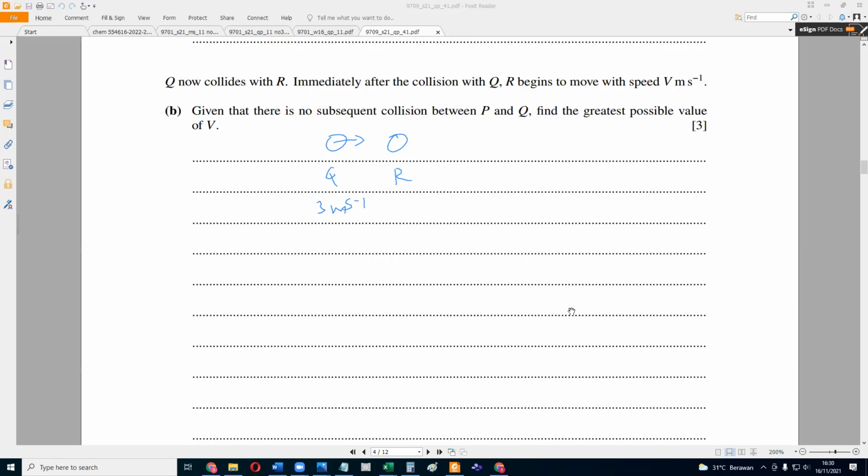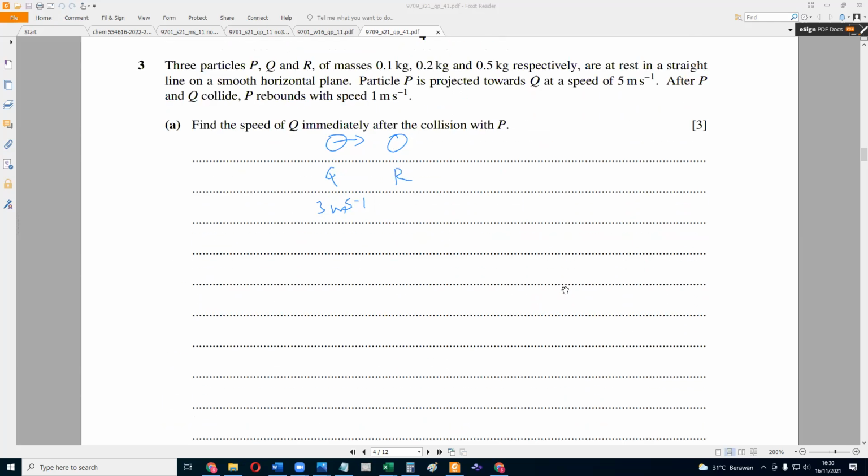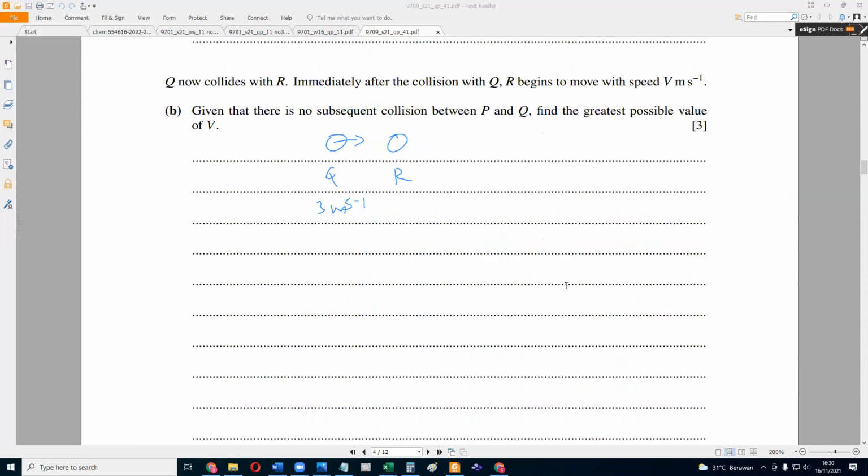The total momentum before and after must be the same. We know the mass of Q is 0.2 and R is 0.5. So the momentum of Q is 0.2 times 3, plus 0.5 times 0. Why 0? Because R is not moving initially. So that's going to be 0.6.